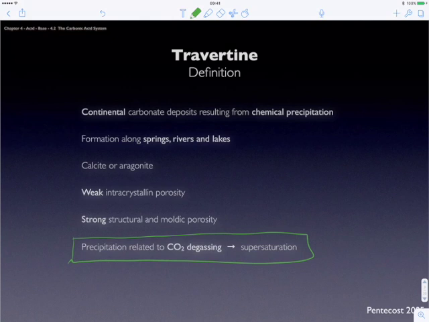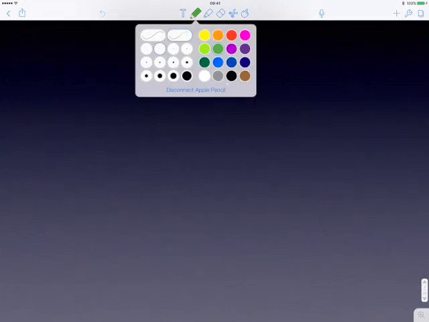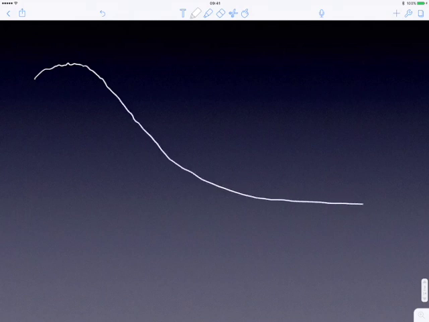So let's have an example and make a small drawing to explain how a travertine can actually form. First, I'm going to draw a mountain here with the slope. It's going to be in cross section, and then here we'll have a nice little slope. It's as if you're cutting through a mountain, and it is a calcium carbonate mountain.